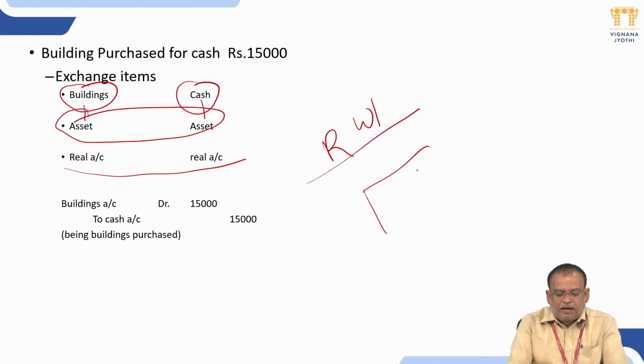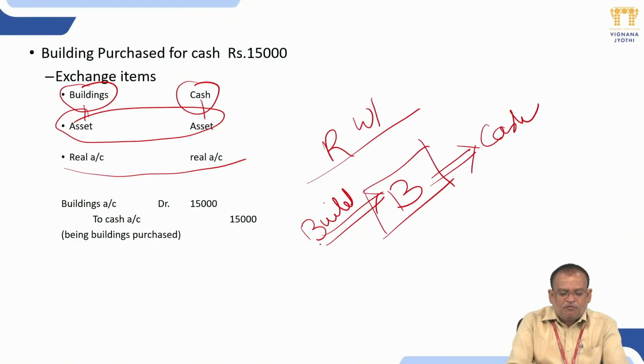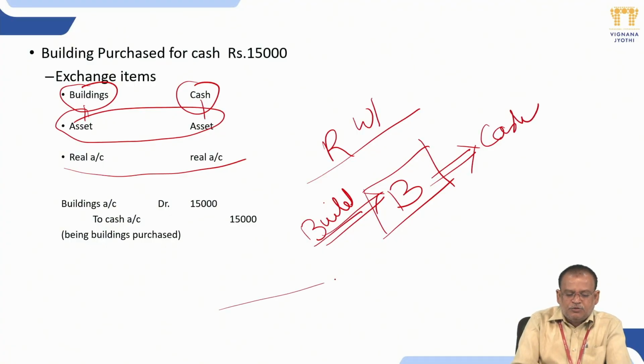So first write the receiving aspect to the business. While purchasing buildings, what is coming into the business? The receiving aspect is buildings. The giving aspect is payment of cash. So first write buildings in the journal entries.